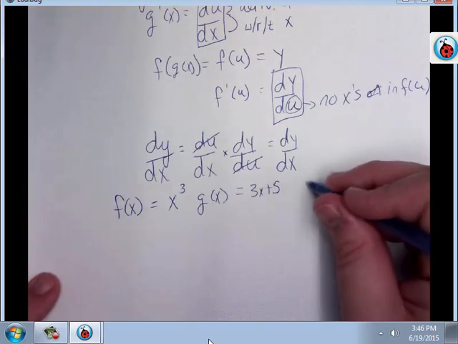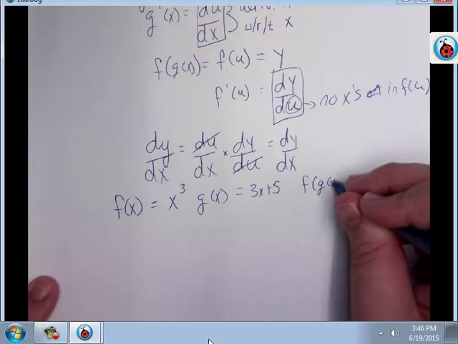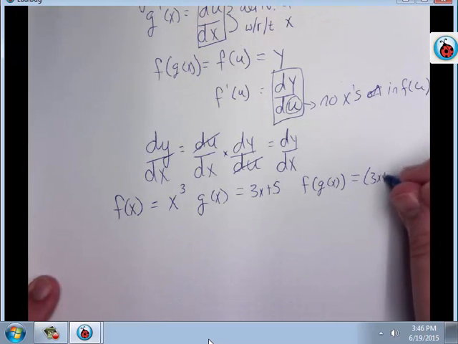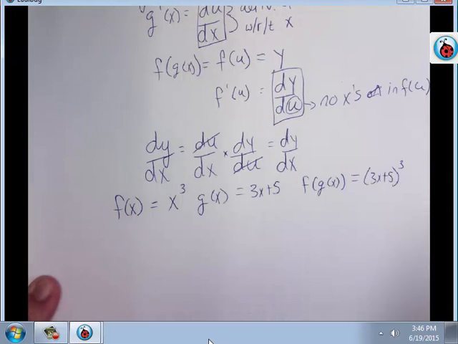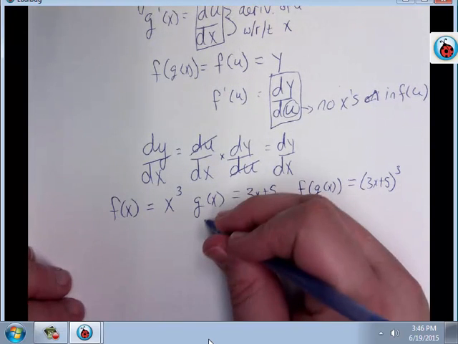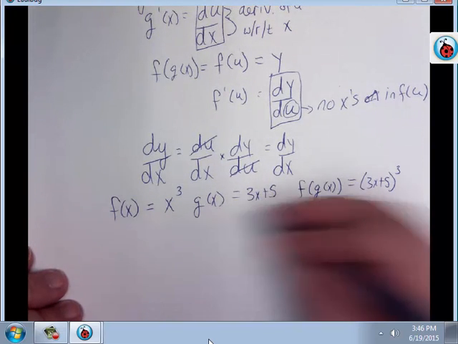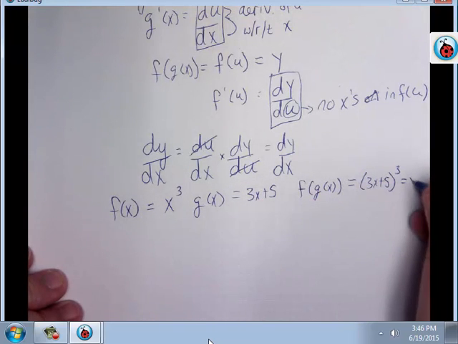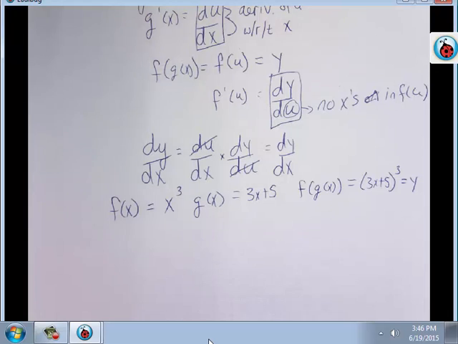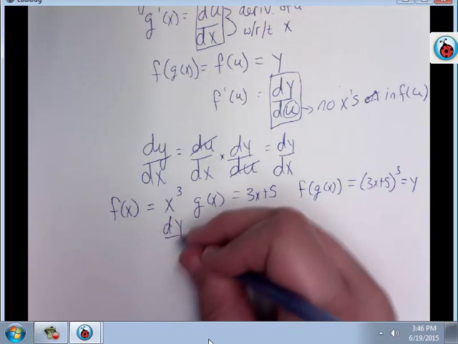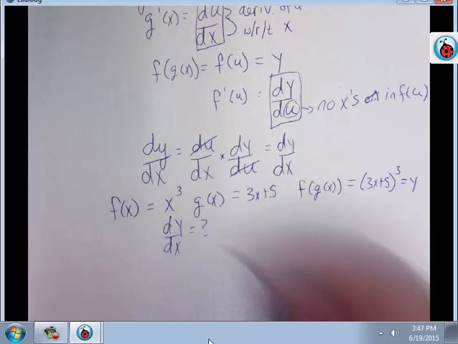That means that f of g of x equals (3x plus 5) to the third power. And that we'll say equals y. dy dx equals what?